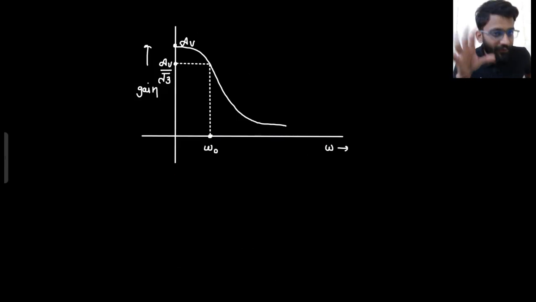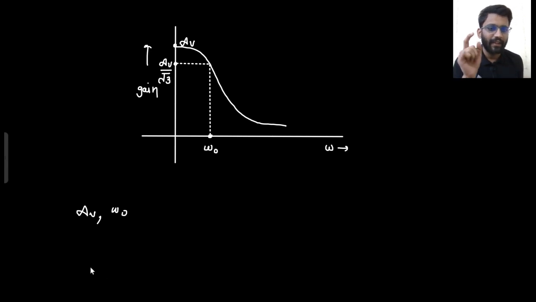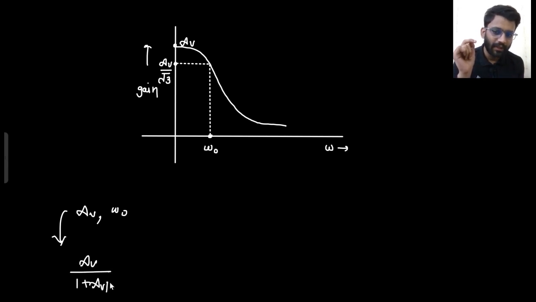Now do you remember, if we connect a negative feedback, let's just say my gain is AV and my 3 dB bandwidth is omega naught. If I connect a negative feedback, what will happen? What will be my gain? Gain will be AV upon 1 plus AV into beta. And the 3 dB bandwidth increases to omega naught into 1 plus AV beta.